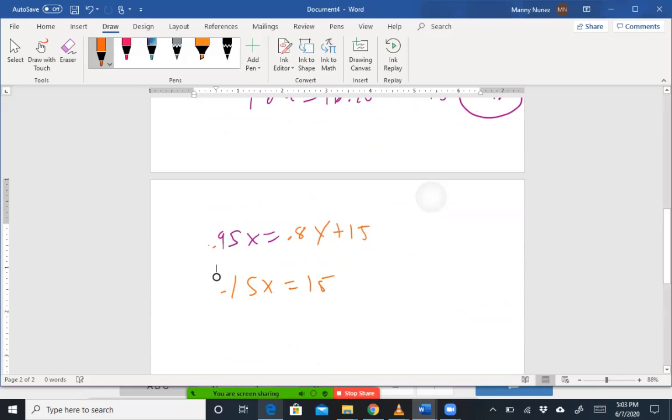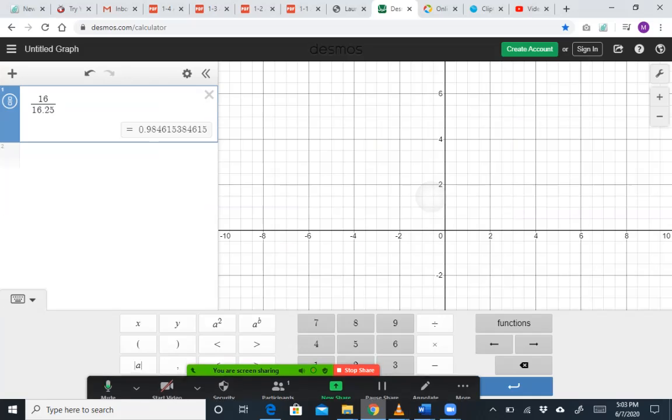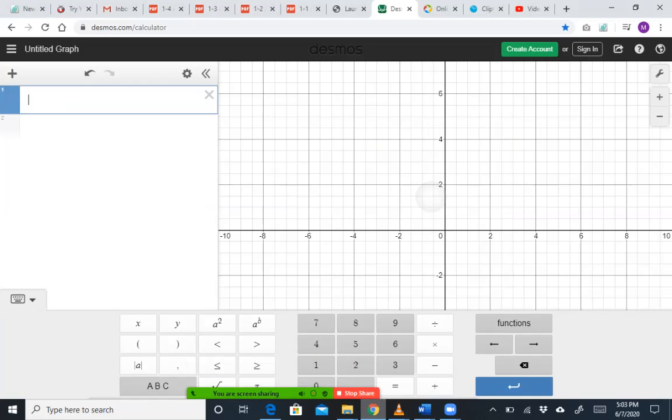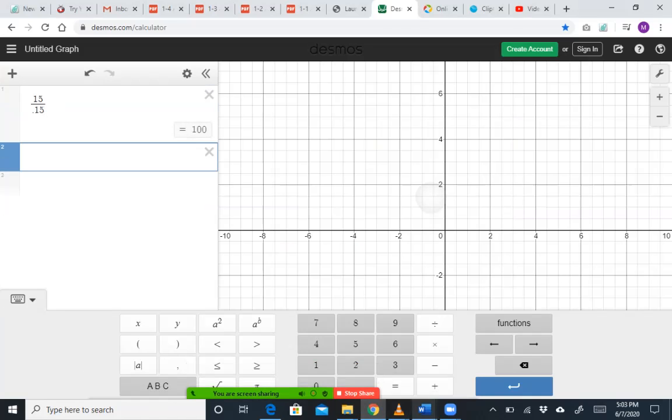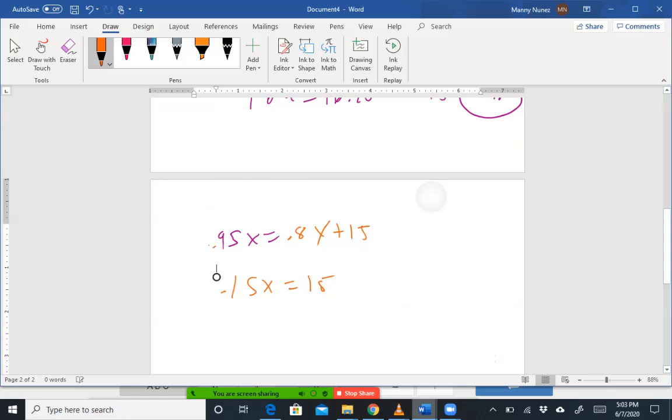I'm going to divide 15 by 0.15. 15 divided by 0.15 is 100. It's going to take 100 songs for them to be equal. There you go. x equals 100. All there is to it, not difficult.